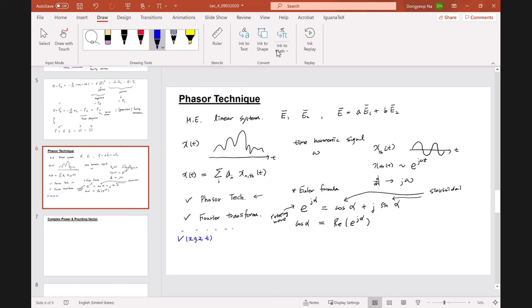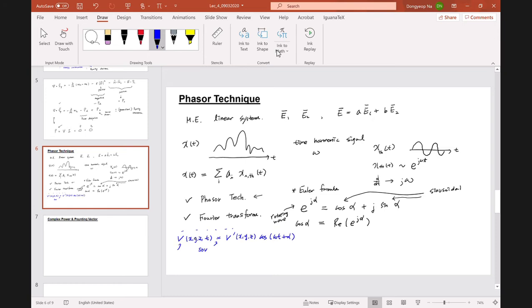It can be a scalar function, just one component of the electric field, which by using SOV, separation of variables in terms of space and time, can be written as a spatial term v dash times cosine omega t plus alpha.